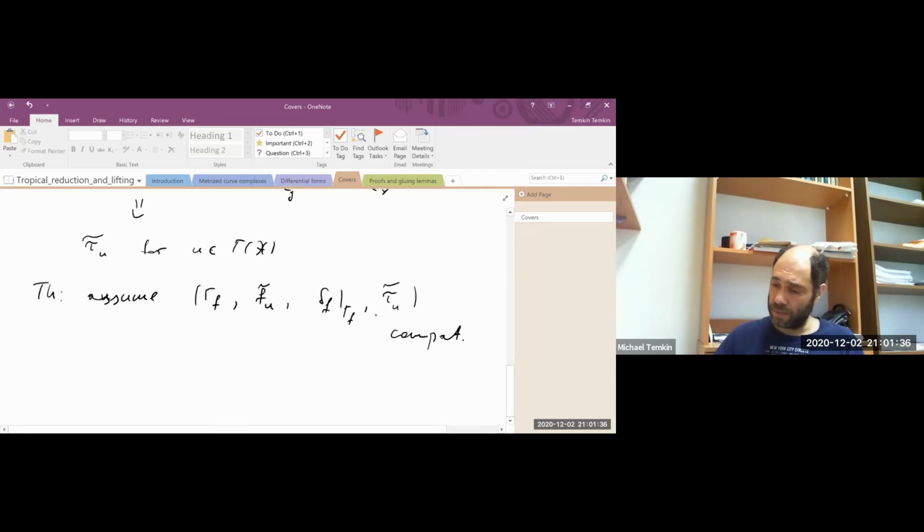Now, assume that we have such a quadruple with compatibility conditions, and it is minimally wild.